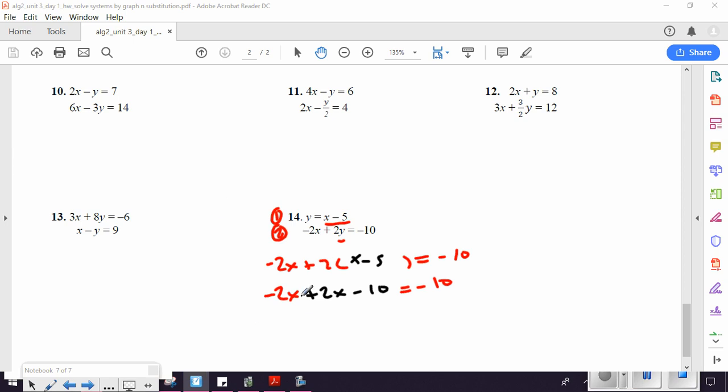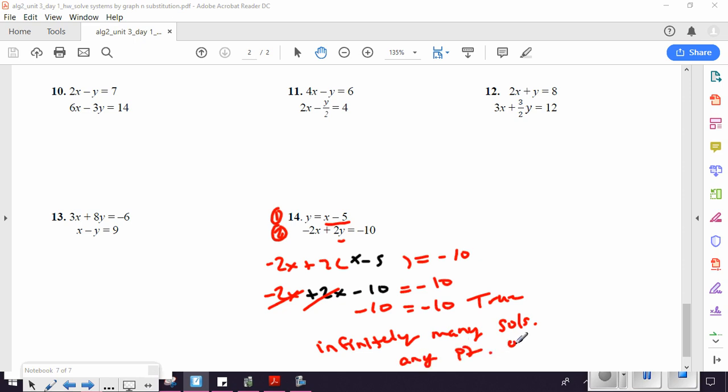Again, negative 2x and positive 2x cancel each other out. You're left with negative 10 is equal to negative 10, which is a true statement. So that means there's infinitely many solutions. Any point on the line is a solution.